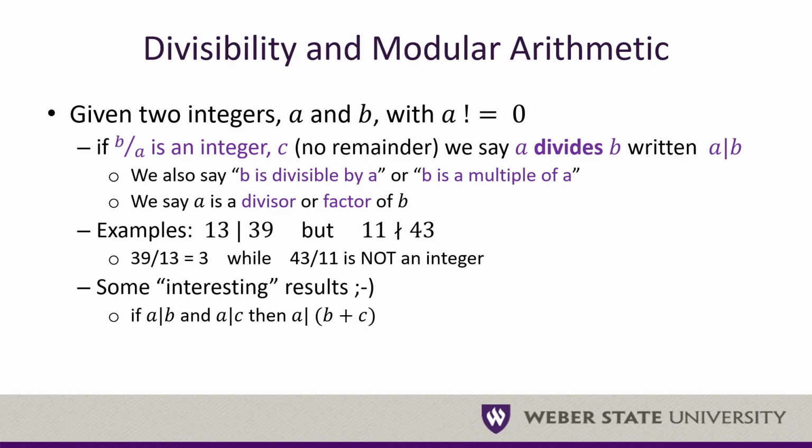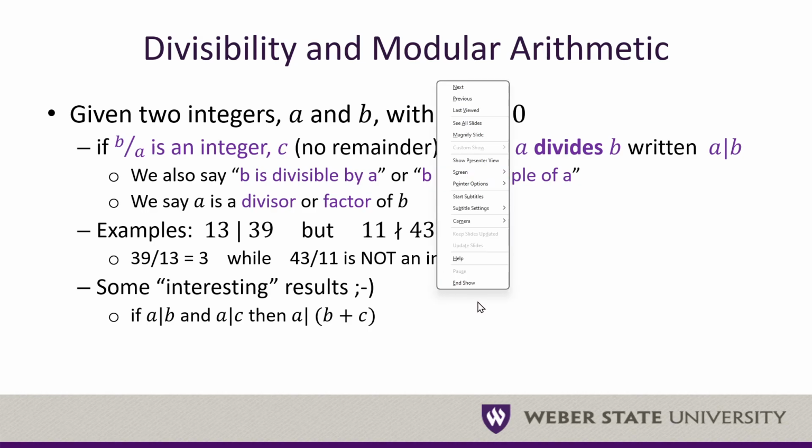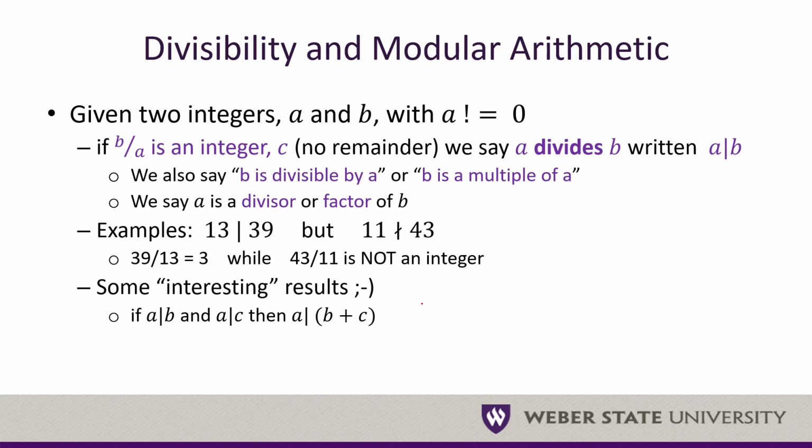If A divides B, in other words, A is a factor of B and A is a factor of C, then A is a factor of, or divides, B plus C. This is the same thing as saying that B divided by A is equal to I, and C divided by A is equal to J, then B plus C divided by A will equal B divided by A plus C divided by A, which will equal I plus J. So it does end up being an integer, so we can say that A divides the sum if it divides each of the individual terms.